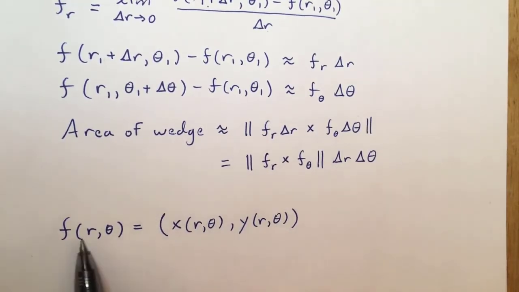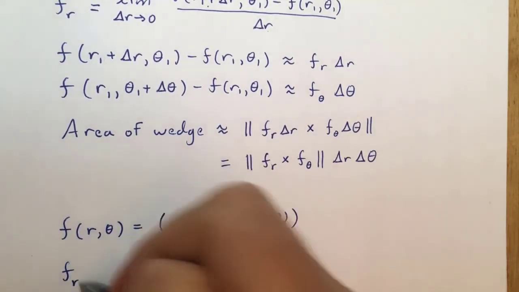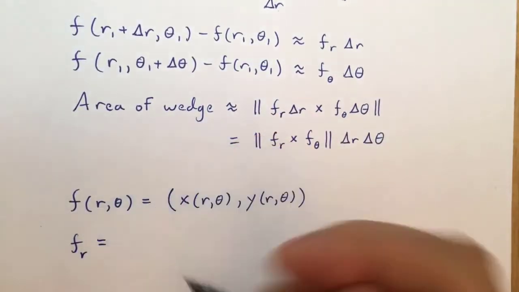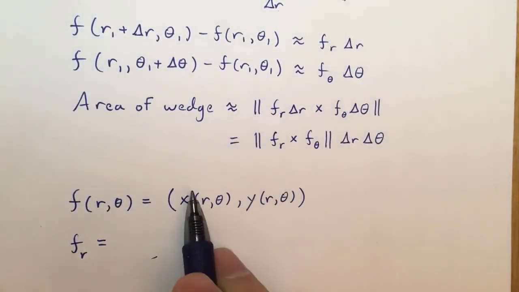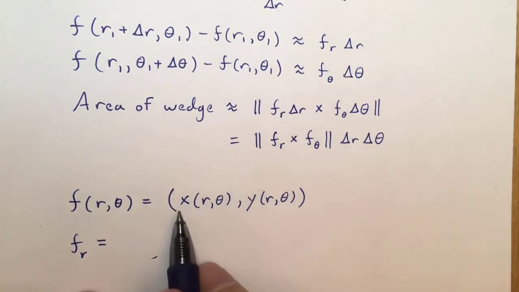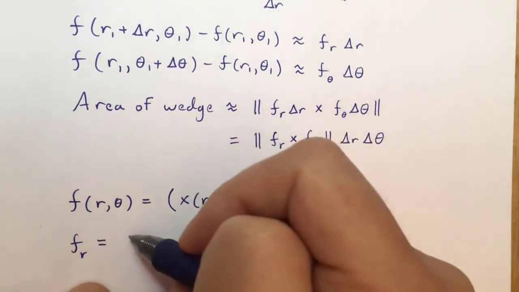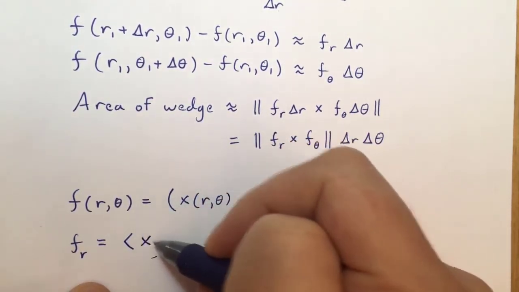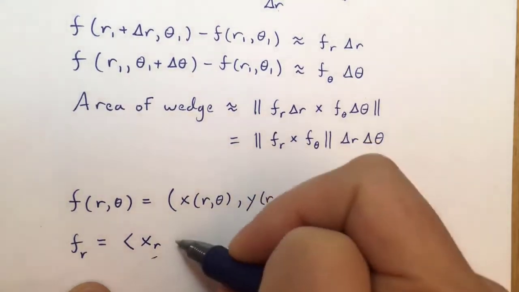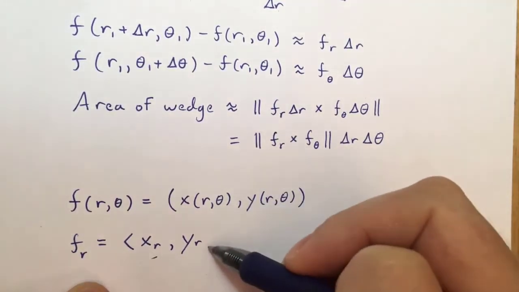So what is f_r? f_r is the r derivative of this business, so we differentiate this stuff with respect to r. So we're going to have the vector that's x differentiated with respect to r, y differentiated with respect to r. And remember, we're actually going to think of f_r as a 3-dimensional vector. I mean, really, I should just end it right here.